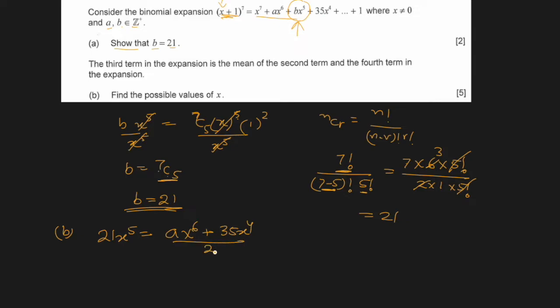This is how we find mean. Add the two terms, divide by 2. So let's multiply by 2 here, so it becomes 42 x to the power 5 equal to A x to the power 6 plus 35 x to the power 4.